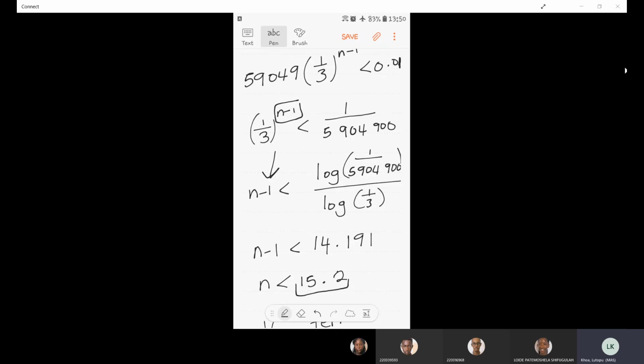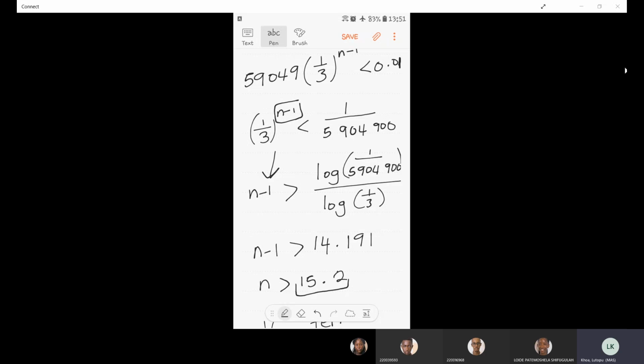I see what I did wrong. Log of 1 over 3 is negative, so my sign should change direction. Okay, so I take log on both sides, but log of 1 over 3 is negative, so my sign should change direction.